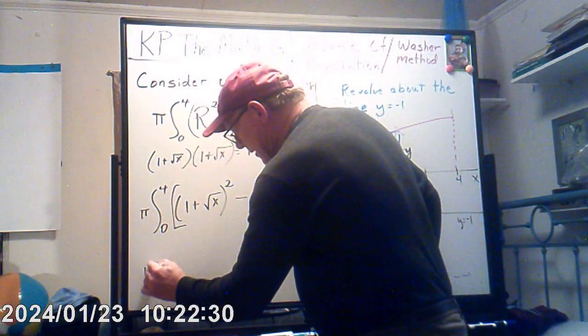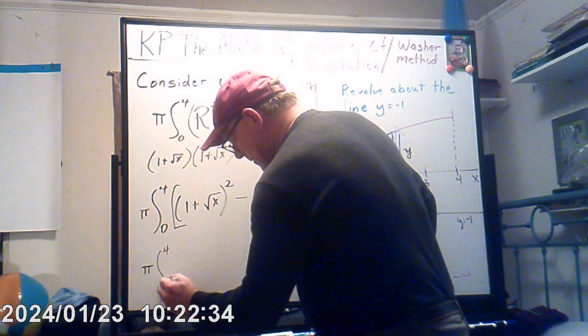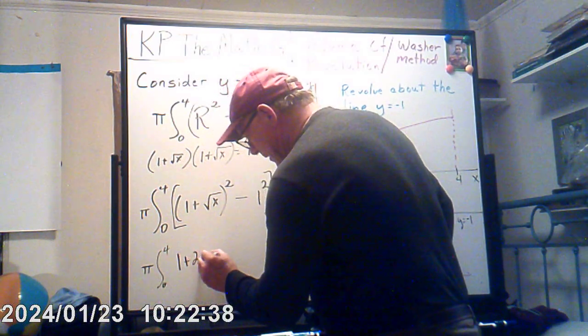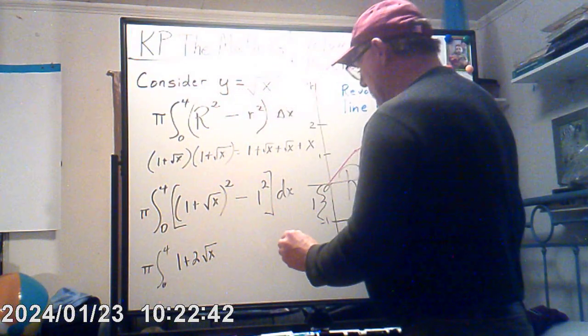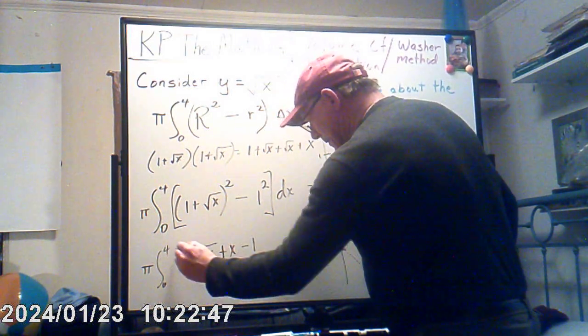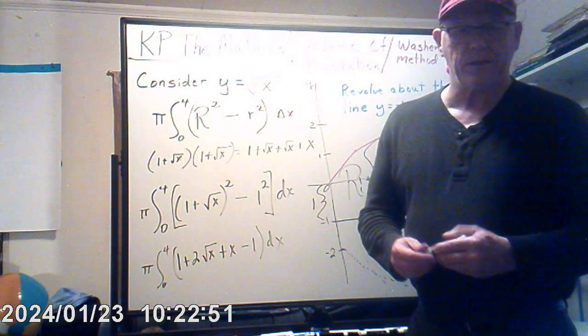Alright, so here we go. From 0 to 4, the integral of 1 plus 2 times the square root of x plus x minus 1 dx. Alright, there it is.